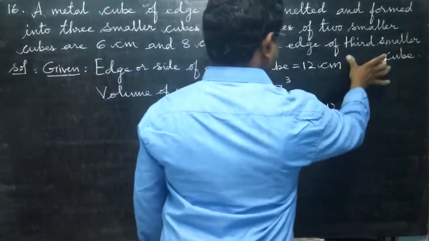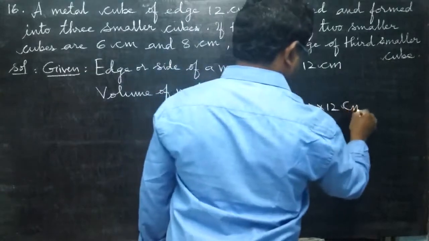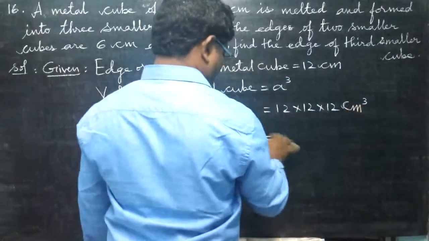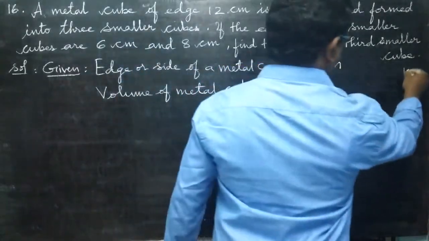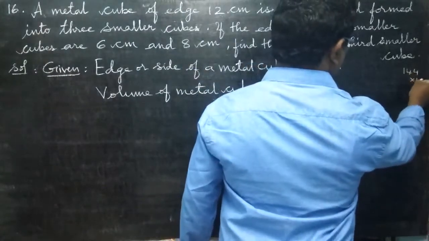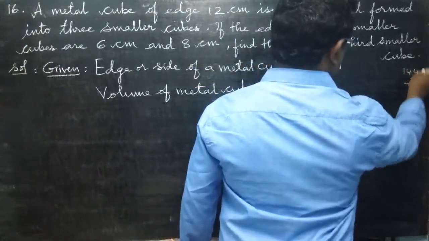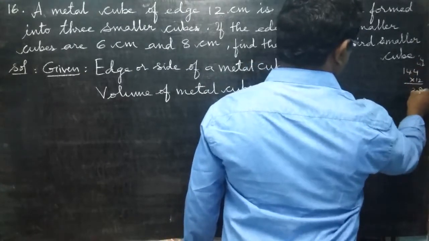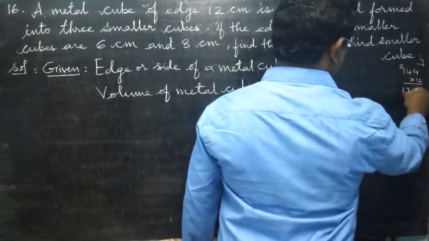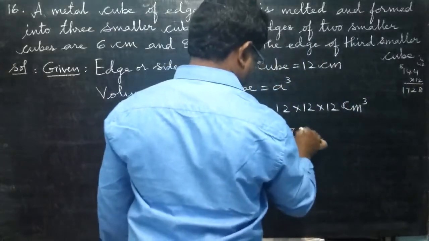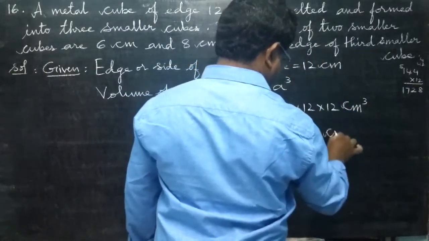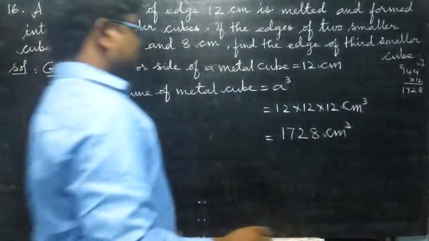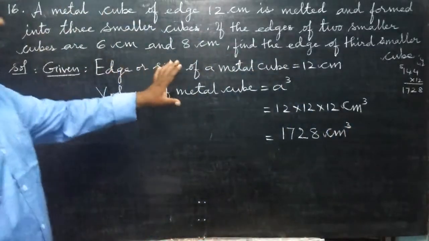Here centimeter cube. 12 12s are 144, again into 12. 12 fours are 48. 4, 48 means 52, 2 here 5. 17. So 1728 centimeter cube. This is the volume of the metal cube.